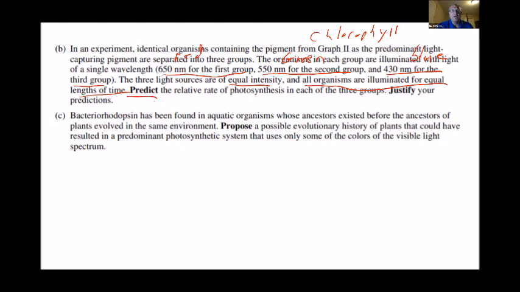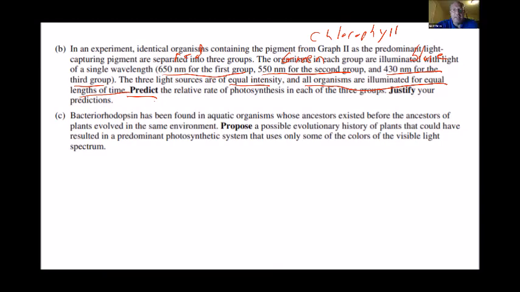Plants, well, first of all, you guys tell me, which one should do the most photosynthesis? Which one should do photosynthesis the fastest? 650, 550, 430. Help me out. 430.